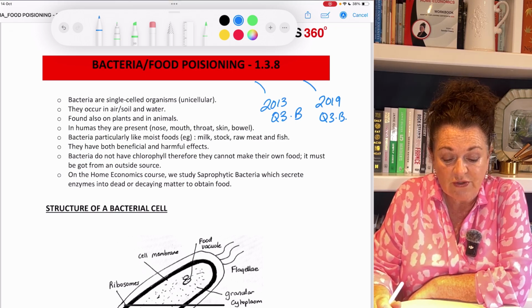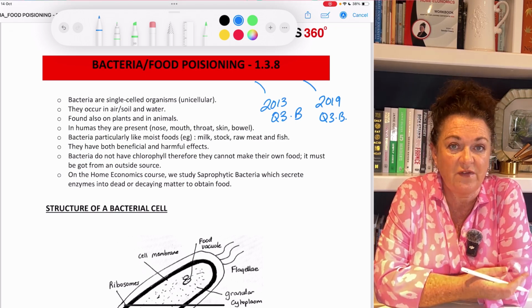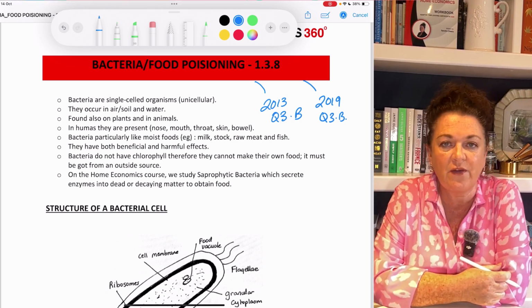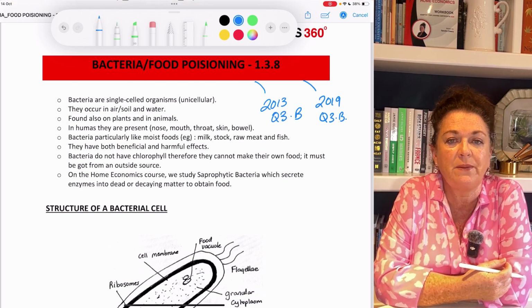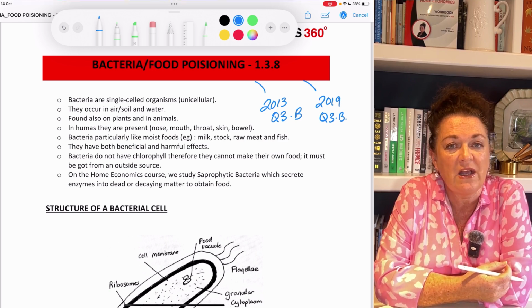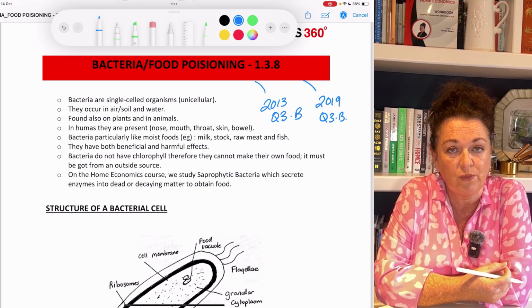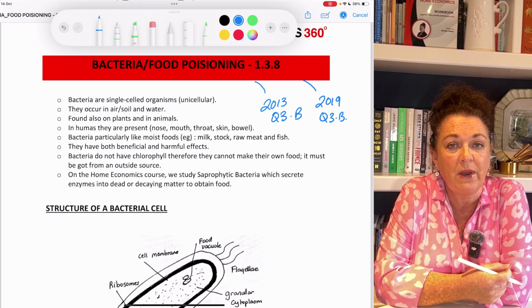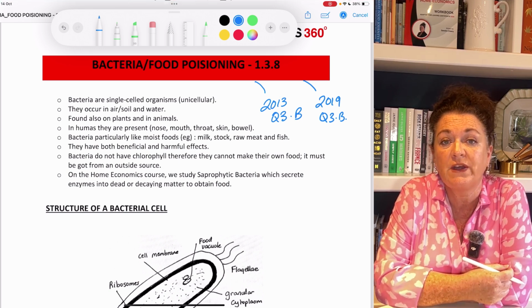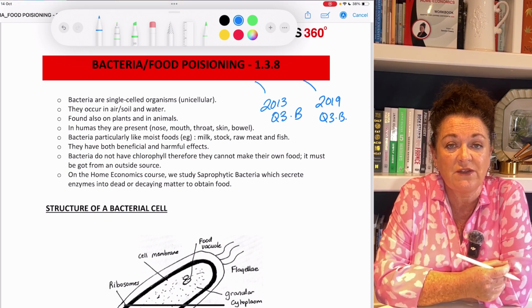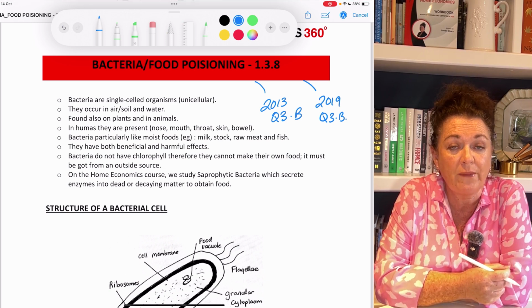So today we're just going to look at classification. Guess what? We're back to that word again for about the 150th time. And as you know, when we classify, we divide into groups. Now, any of you that are doing microbiology in your biology course will know that most of the time we classify bacteria, or we group them according to their shape.